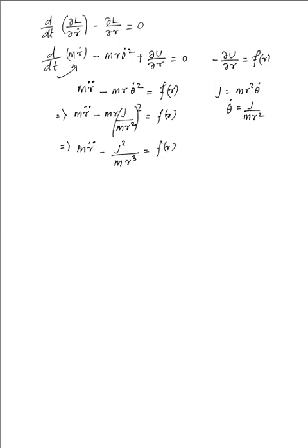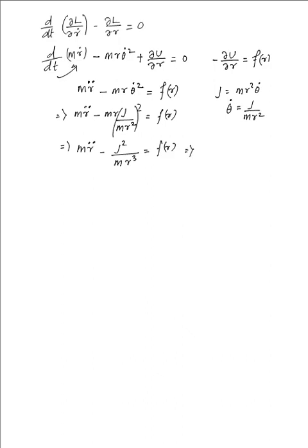This is the second order differential equation in the r coordinate, and because this is a negative term as well, what we can do is take it to the other side and use the derivative with respect to r in this case.